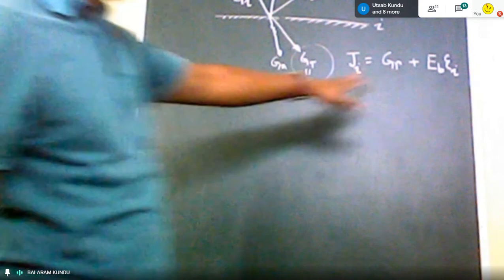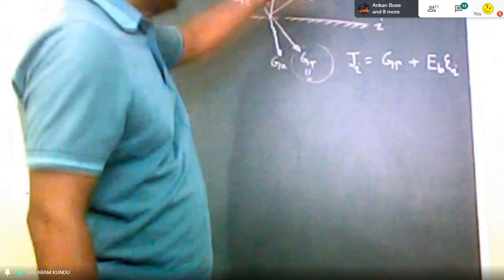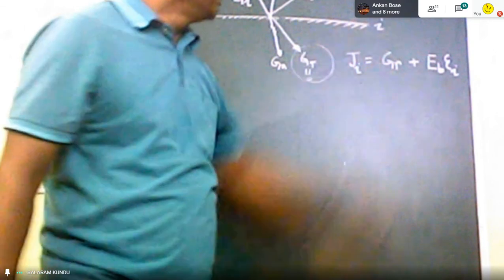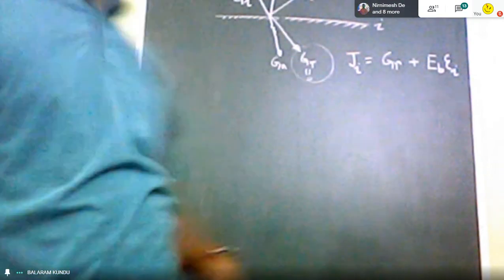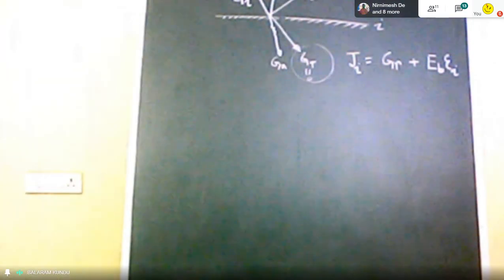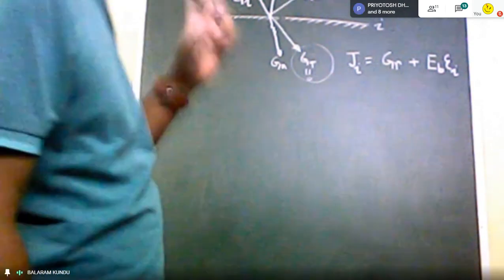The reflected component is GR, plus the emissive component, EB into epsilon I. Therefore radiosity J suffix I equals GR plus EB into epsilon I.